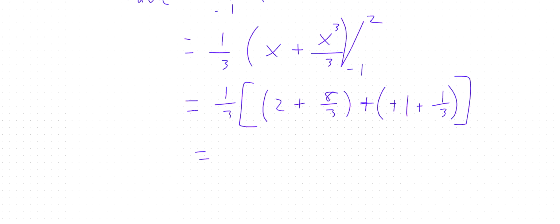And so we have that 1/3. And then adding our whole numbers, we get 3. And our fractions, we get 9/3, which is another 3. So we get 6 times a third. So it's 2 units long, whatever our units are that we're using to measure this.